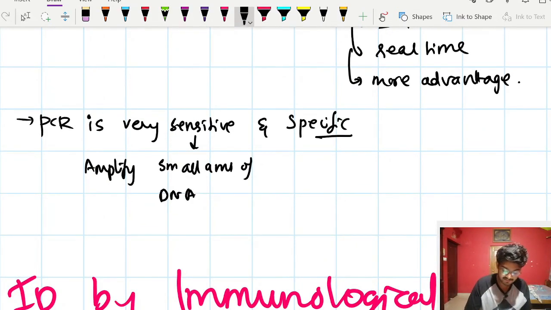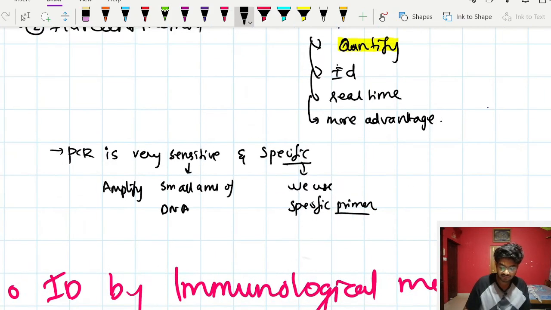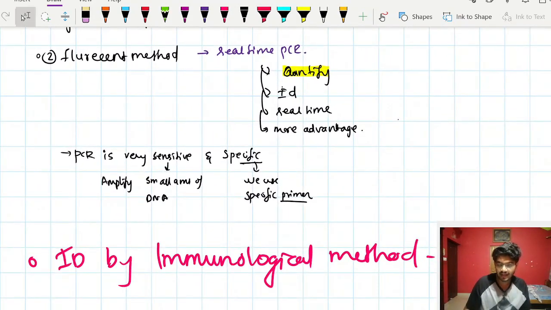It is specific because we use a specific primer here, so the presence of amplification means it has the specific organism that we are predicting. So it is more sensitive and specific in this case.